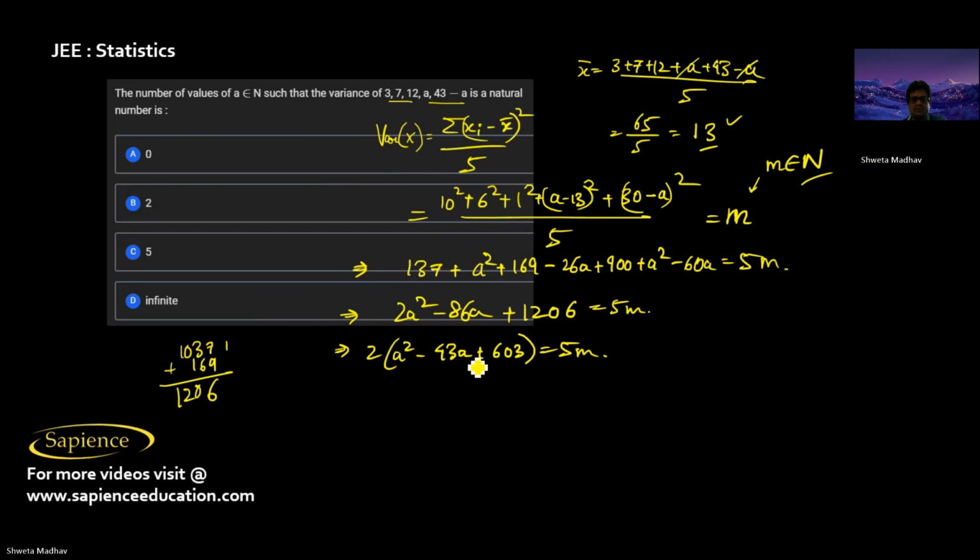So now, if we factorize 603, then this should be a natural number.